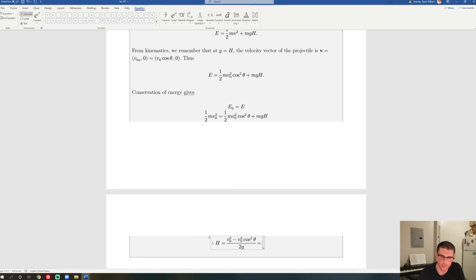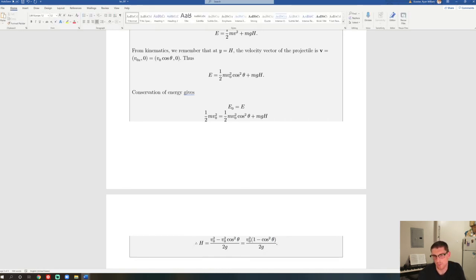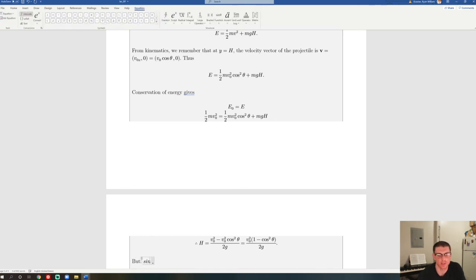Okay, and then I'm going to write this one more time a little more suggestively. And this is our expression for the maximum height. But remember that sine squared theta plus cosine squared of theta, this is one of the trig identities we had, is 1.